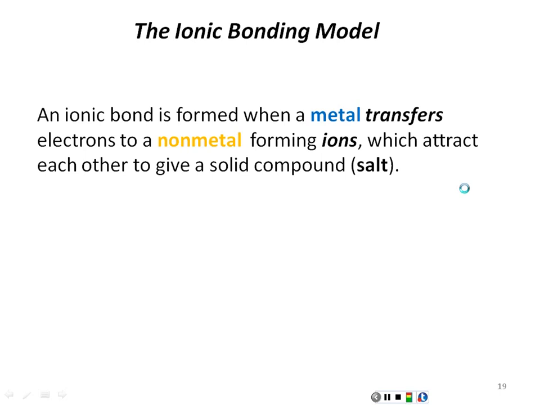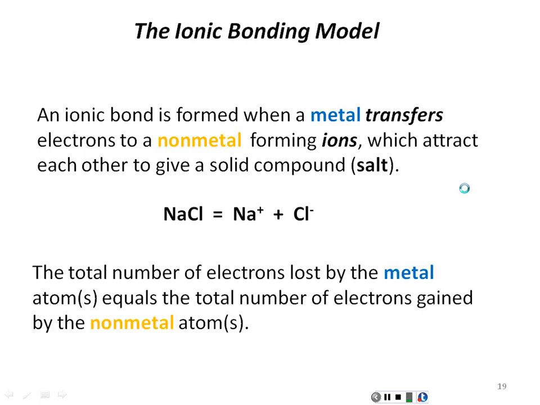So when a metal and a nonmetal form a compound, they form what is known as a salt. And of course, the best example of this is what we call table salt, sodium chloride. The total number of electrons lost by the metal equals the total number of electrons gained by the nonmetal.